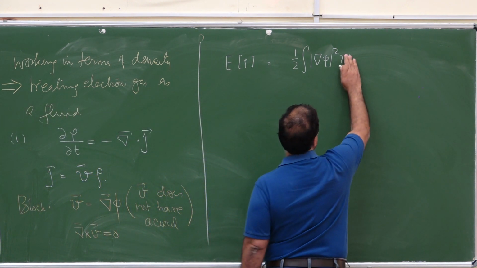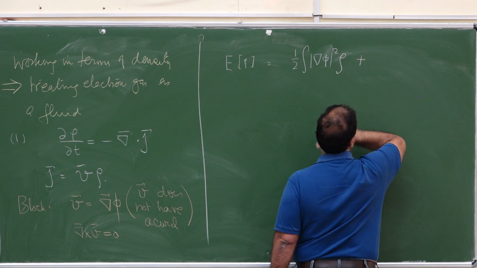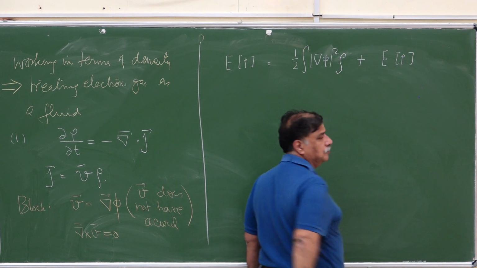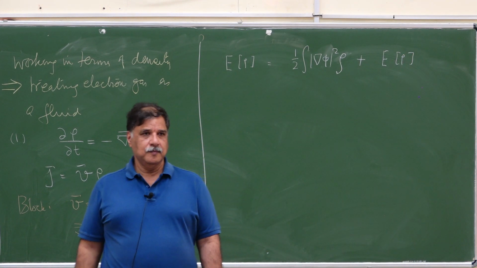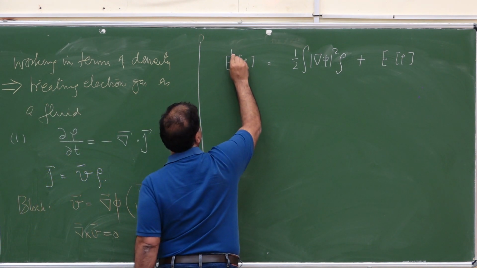Grad phi squared is already v squared times rho, plus E of rho. I'm just writing the functional, let's write it as TD.